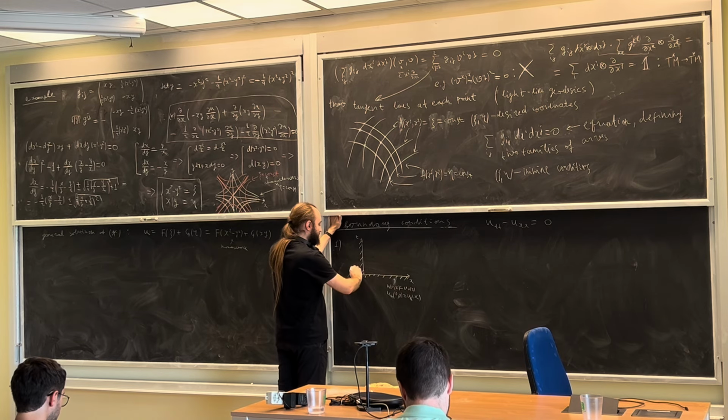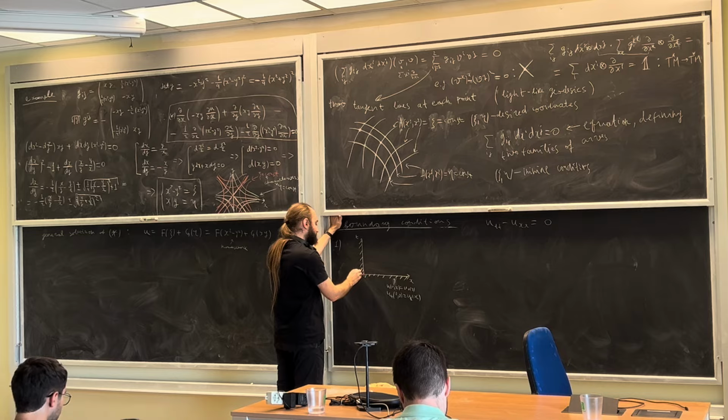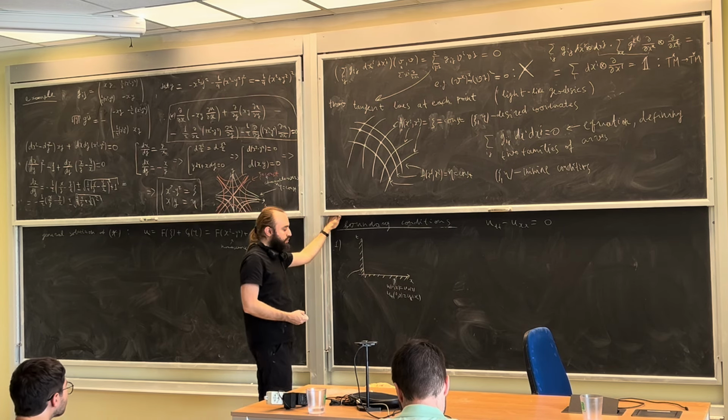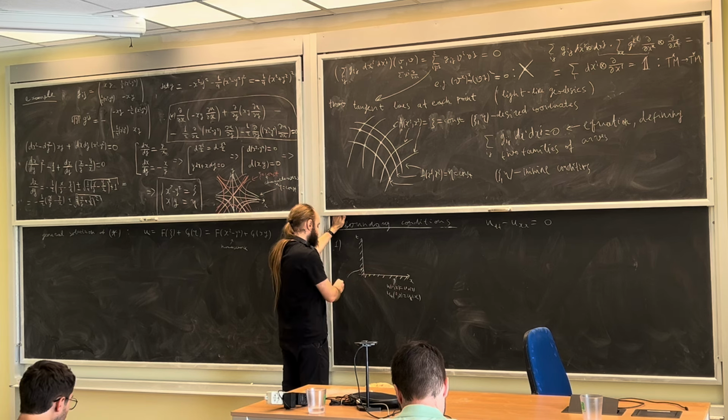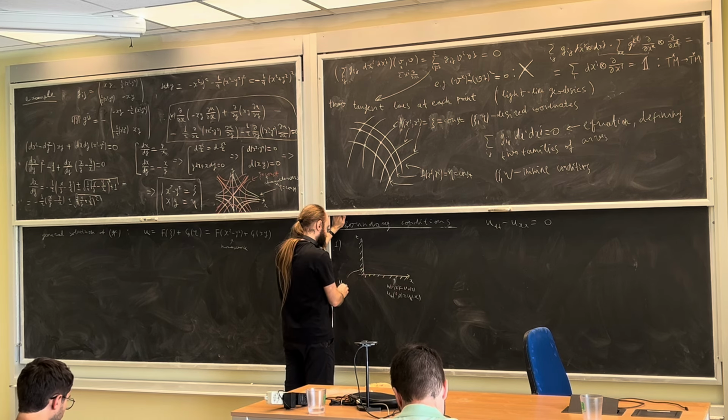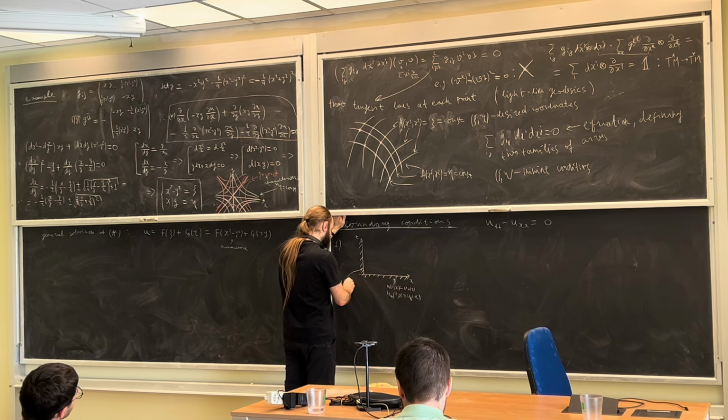And here we could choose different boundary conditions. One option was to ask this to be 0. This is called Dirichlet.